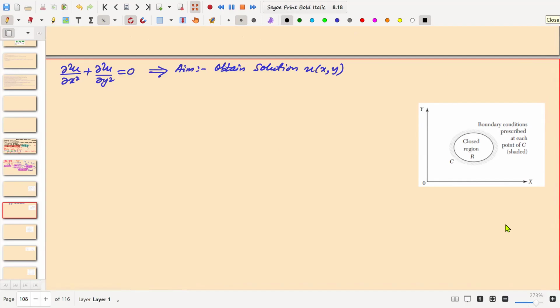Therefore, the solution of this equation is a function u(x, y), which is satisfied at every point of a region R you are seeing.